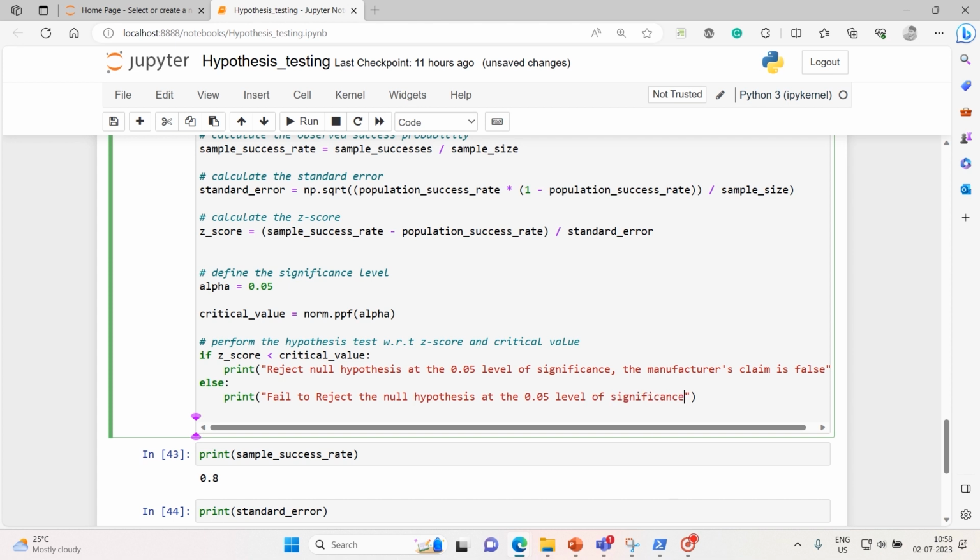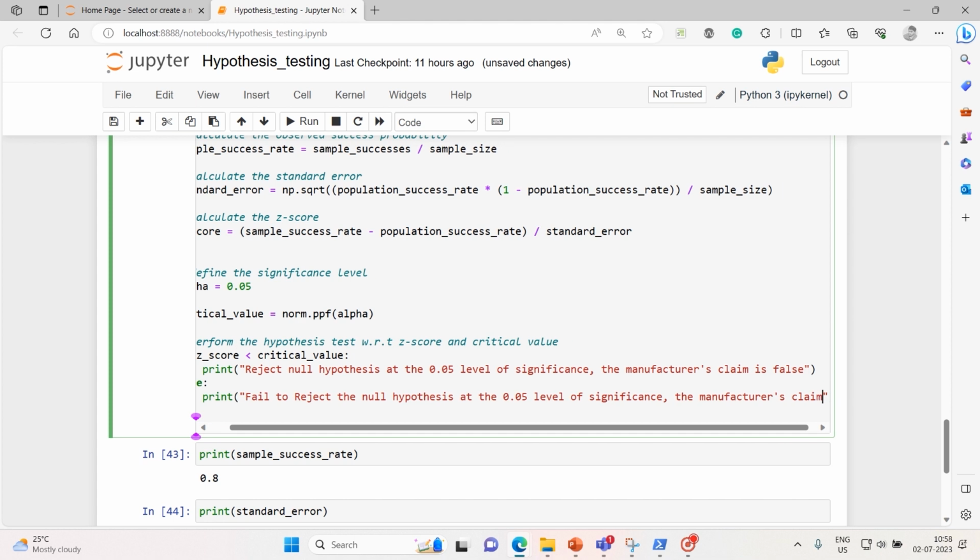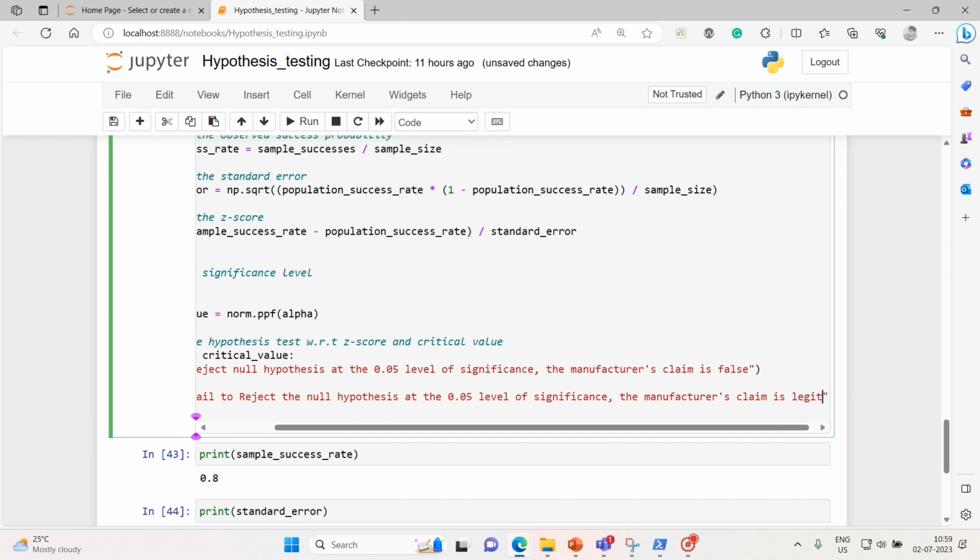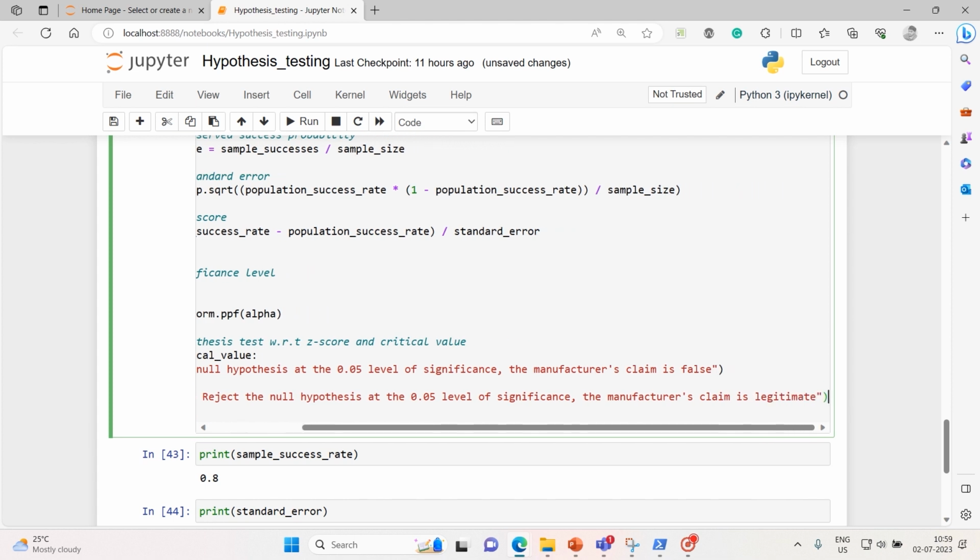Which means the manufacturer's claim is legitimate in this case. The manufacturer's claim is legitimate. Okay, let's execute and see.